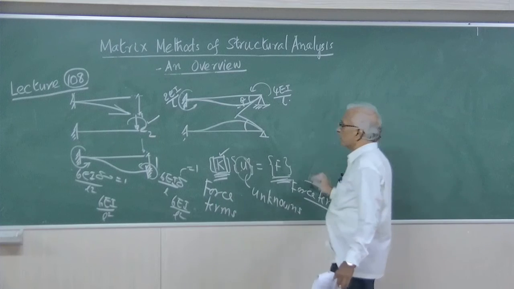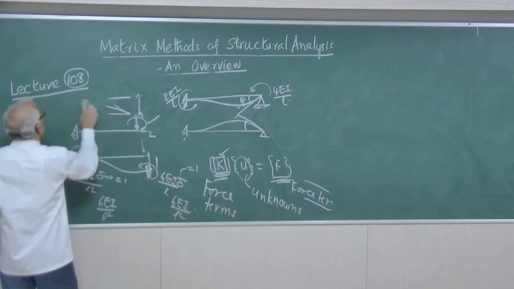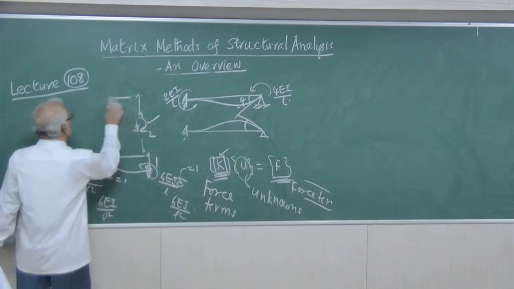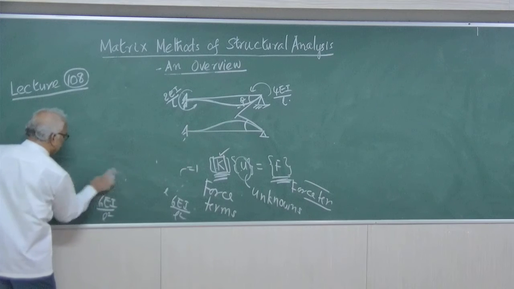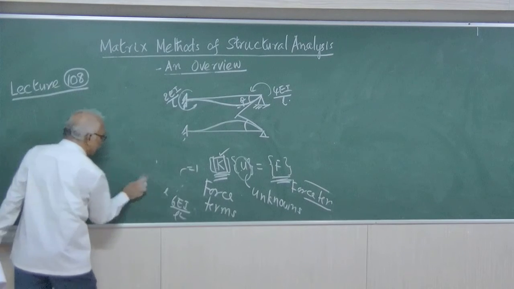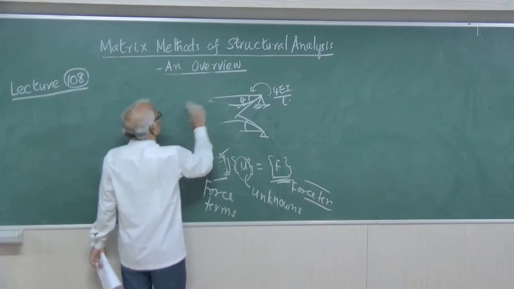We may be interested in 4 places or 5 places or 6 places. But coming to the kinematically indeterminate structures, the size of the stiffness matrix will be equal to the degree of kinematic indeterminacy.